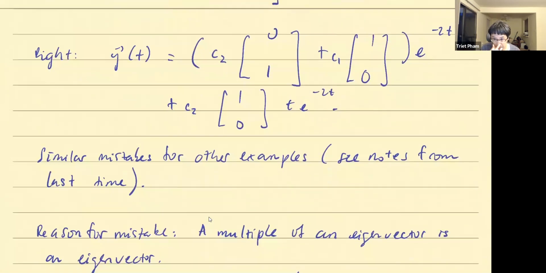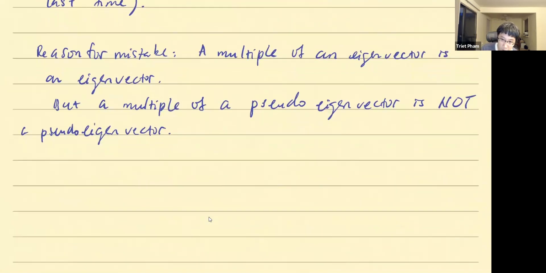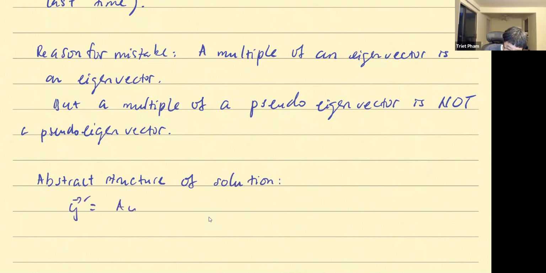Okay, let me repeat the reason again, because it will be helpful to see the structure. So the abstract structure of the solution. Again, let's suppose that I have y prime equals Ay.